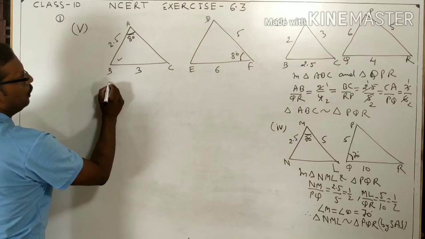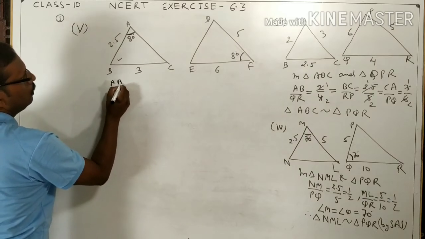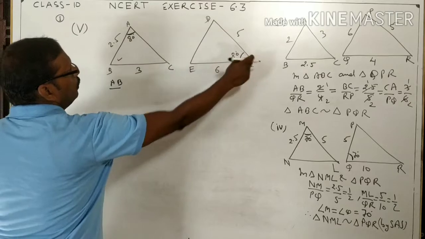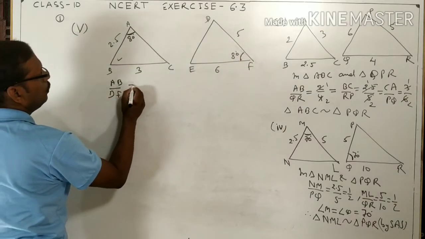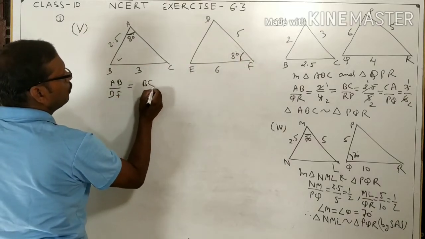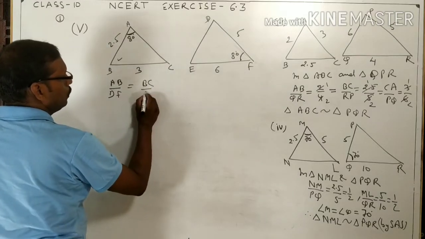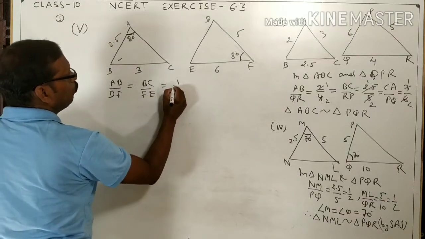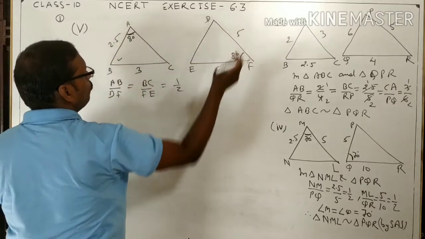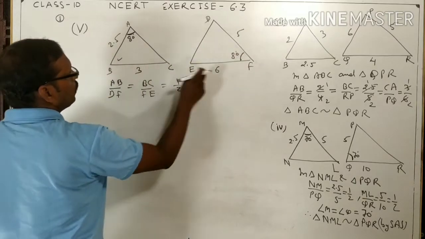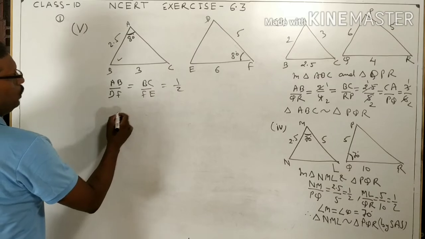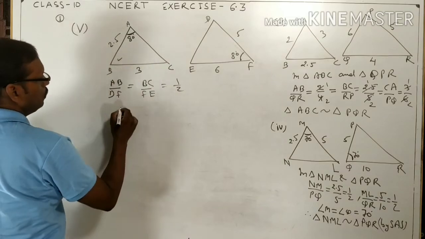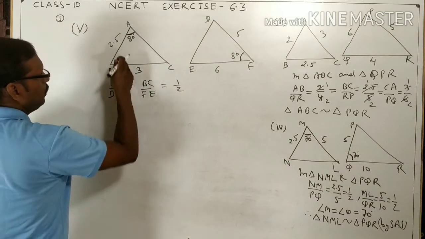So we find AB by DF equal to BC by FE. Both are equal to 1/2, 2.5 to 5 and 3 to 6. But the including angle for this is B and it is not given.